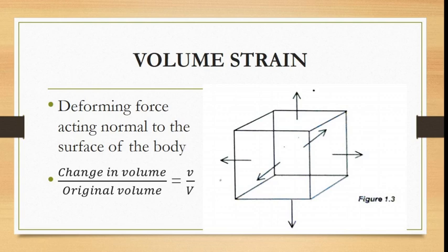Let capital V be the initial or original volume, and let small v be the change in volume when the deforming force is applied. So how can you write the volume strain? Volume strain is change in volume by original volume. So that is small v by capital V.